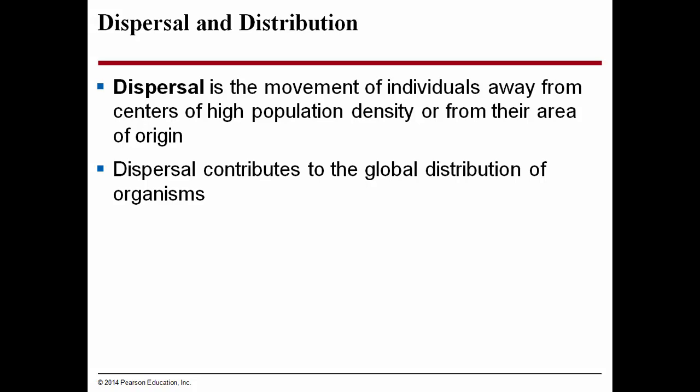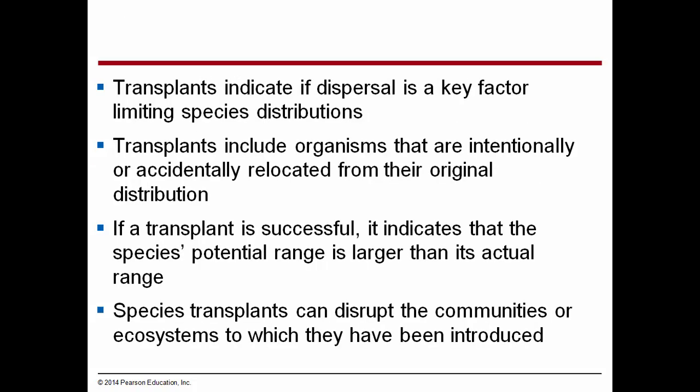Distribution and dispersal. Dispersal is the movement of individuals away from centers of high population density or from their area of origin. Dispersal contributes to the global distribution of organisms. Transplants indicate if dispersal is a key factor limiting species distributions.